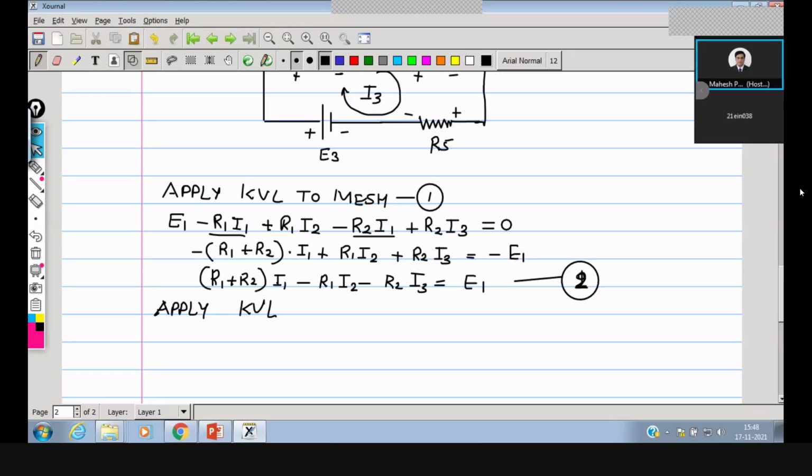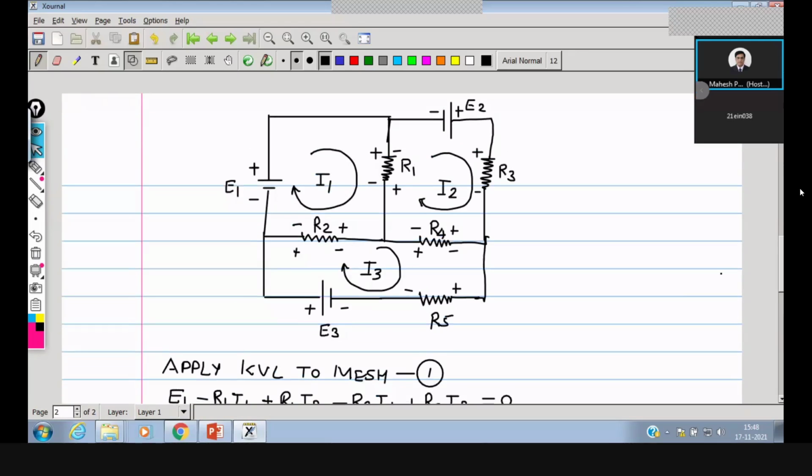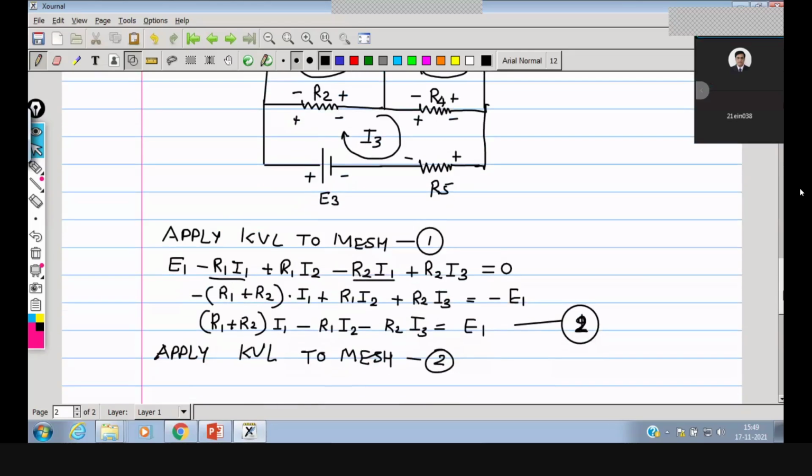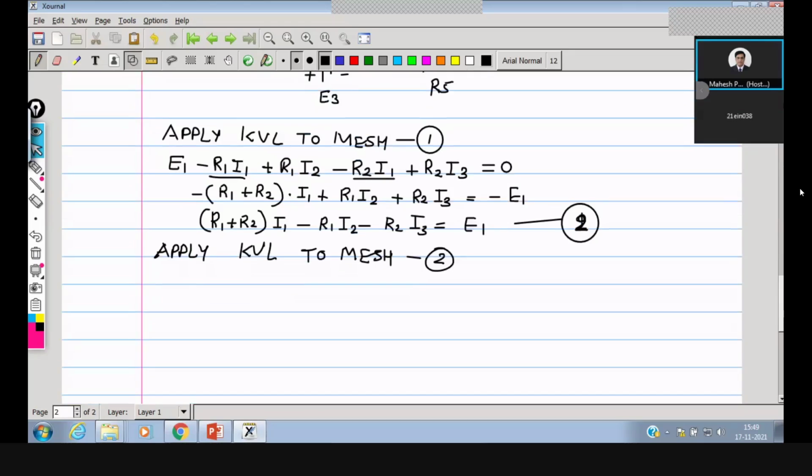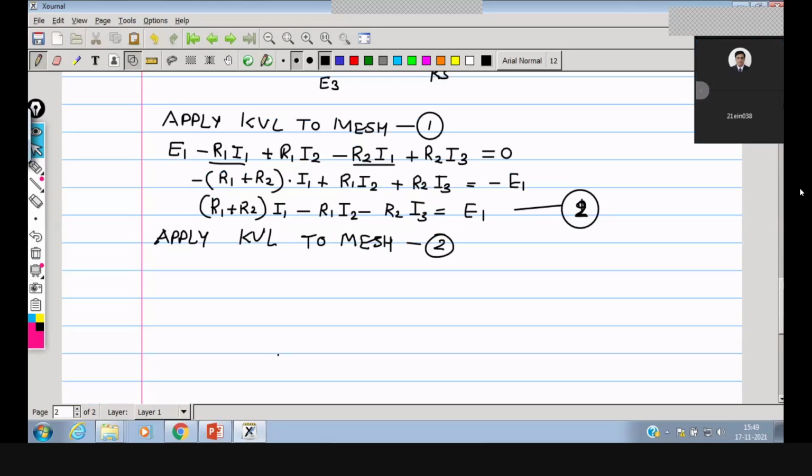So here we are going to apply Kirchhoff's voltage law to mesh number 2. I hope all of you have drawn this diagram in your notebook. Fine? Have you? Yes, sir. Okay, fine. So just watch this diagram in your notebook and give me the correct equation to be written for this mesh 2.